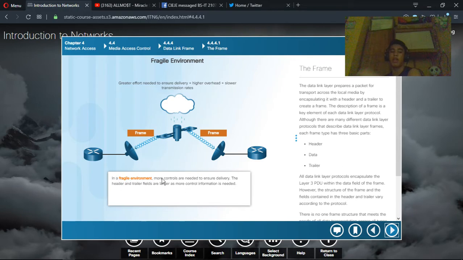In a fragile environment, more controls are needed to ensure delivery, so the header and trailer fields are larger as more control information is needed.